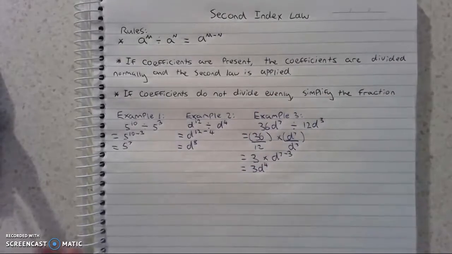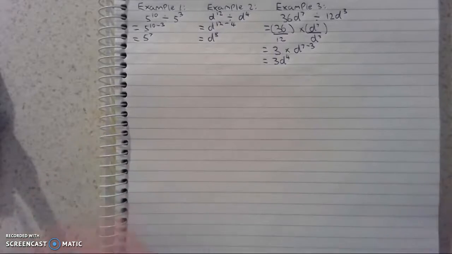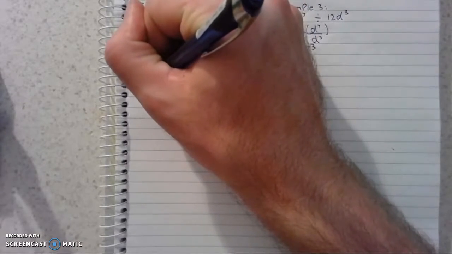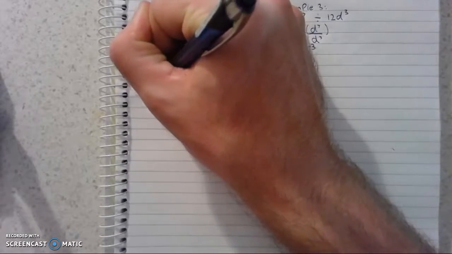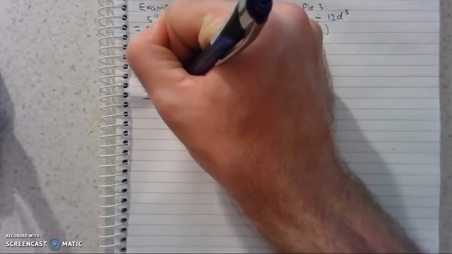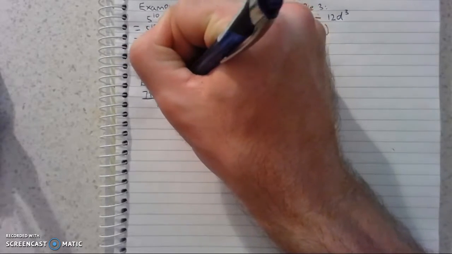Alright, now we're going to do something a little bit more complicated for our final example, for if you're still catching on. So example 4. Our fourth example, we will do 7t to the power of 3 times 4t to the power of 8, all over 12t to the power of 4.